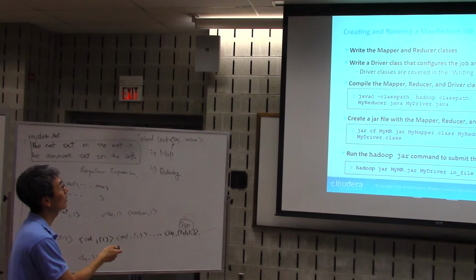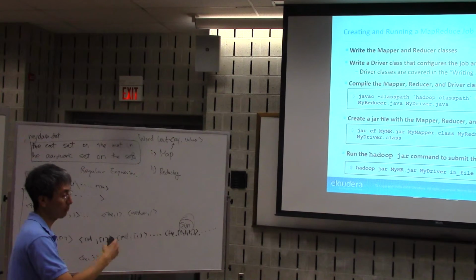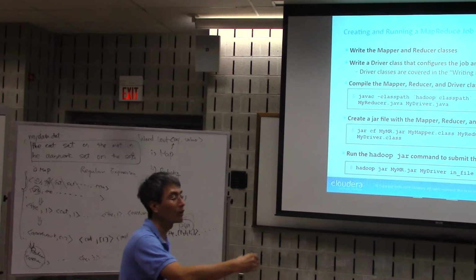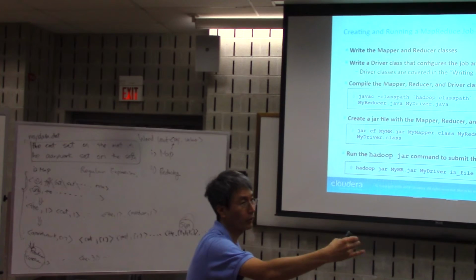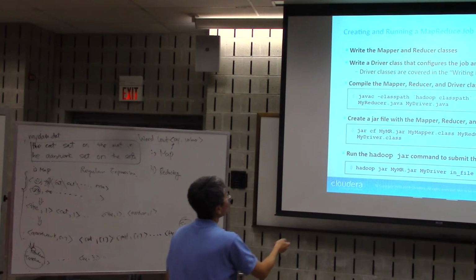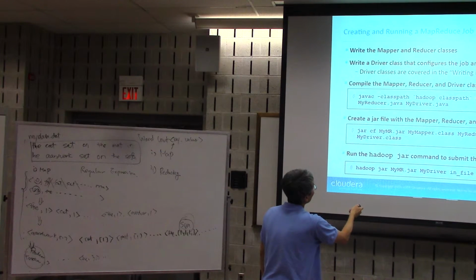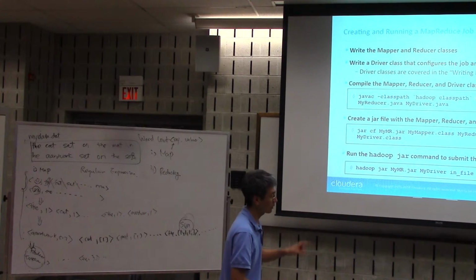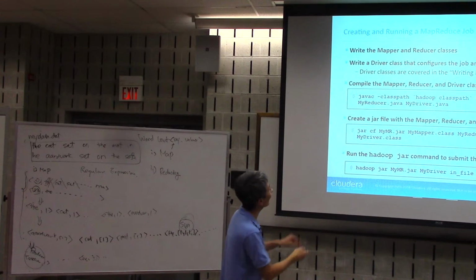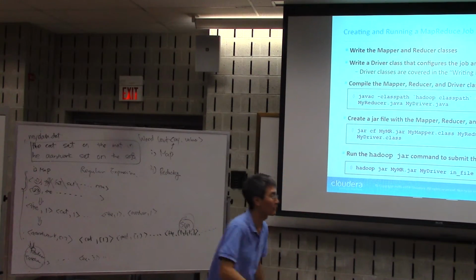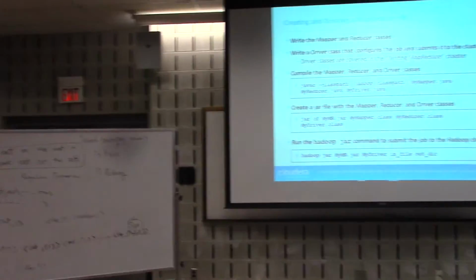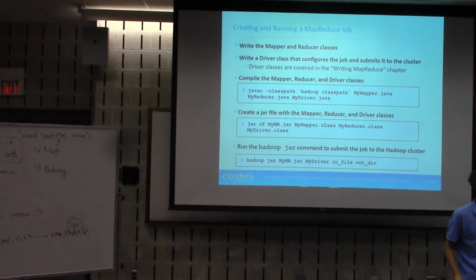So javac, then the classpath. It's a path where the Java library exists. Then this is the Hadoop classpath. Is there any specific name for that quote? It's not the single quote, it's the opposite one, the backtick located in the top left corner of your keyboard.